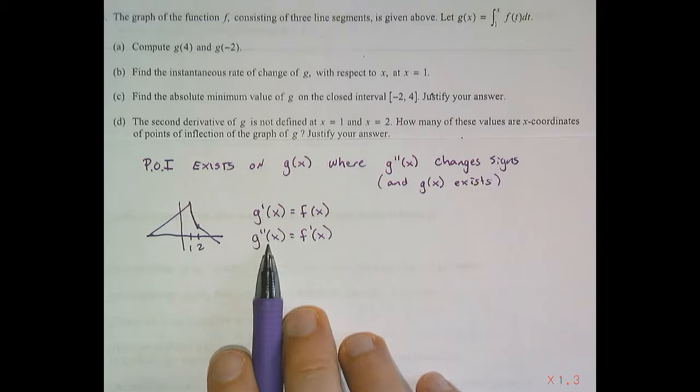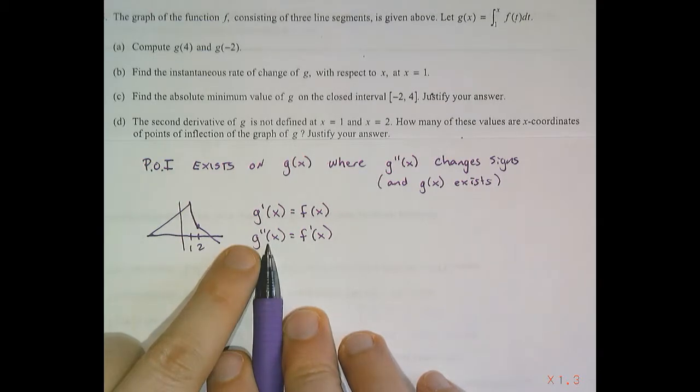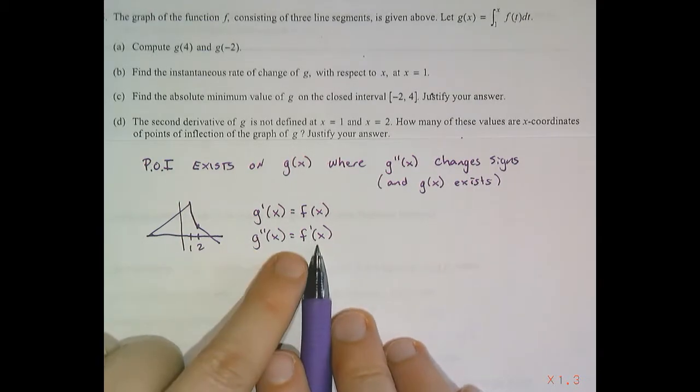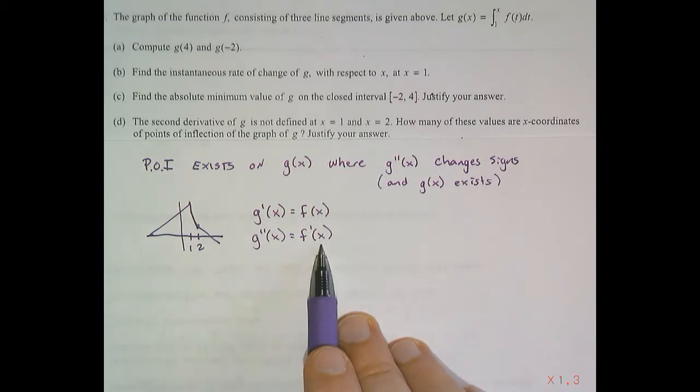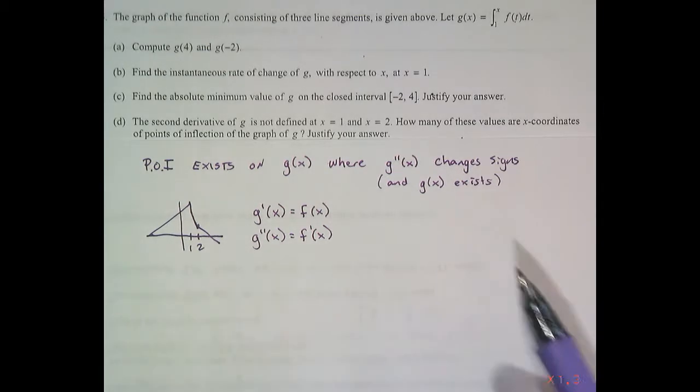So if I ask the question, where does g prime prime change signs, I am asking, where does f prime change signs? And f prime will change signs where f of x goes from increasing to decreasing, or vice versa.